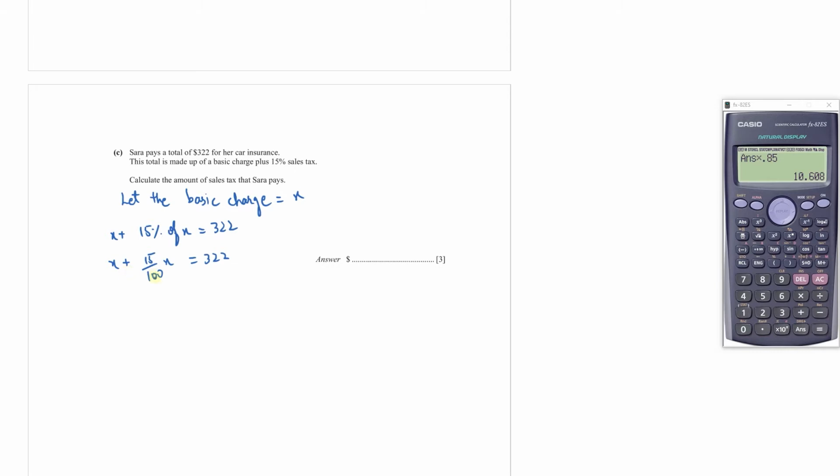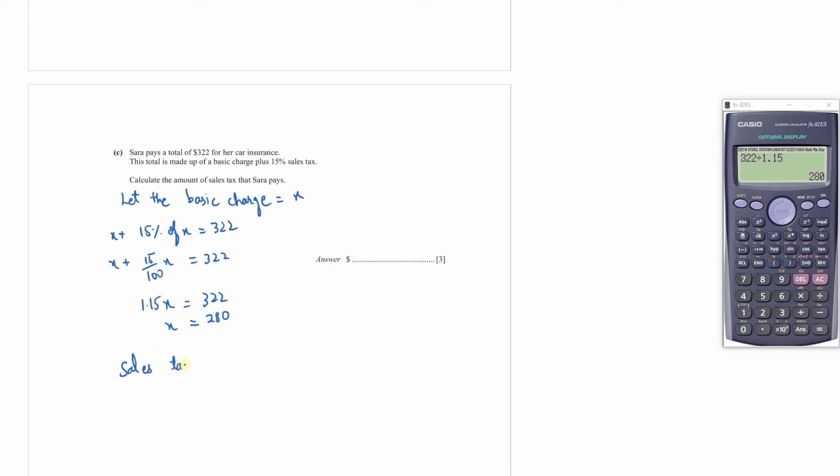So this will be 0.15x. So 1 plus 0.15 times x will give me 1.15x equals 322, and x will be 322 divided by 1.15, which is 280. So the sales tax is 15% of this base charge.